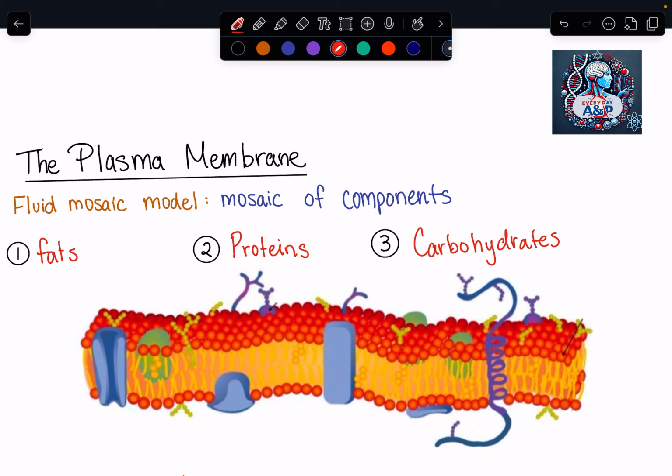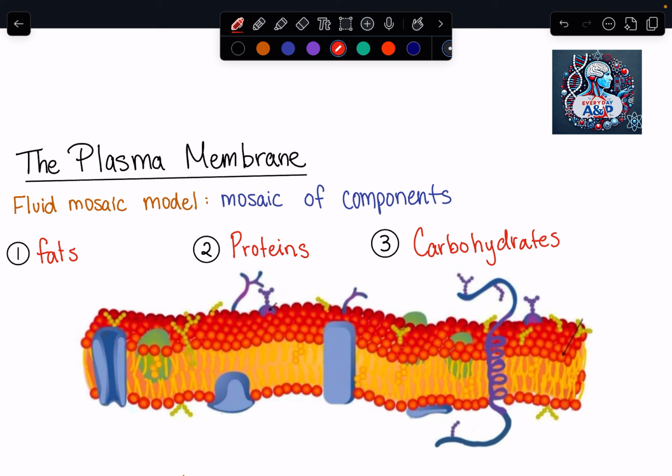So these are the three components that we are typically going to find within this plasma membrane, which makes up this fluid mosaic model, right? What this fluid mosaic model really is, is that it has fluidity within the membrane. So things aren't just stationary where they're sitting. They have the ability to actually be fluid and move across the plasma membrane.